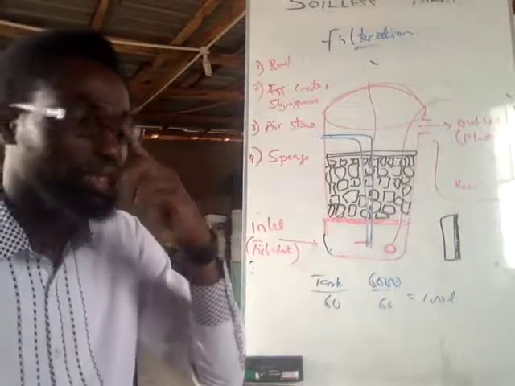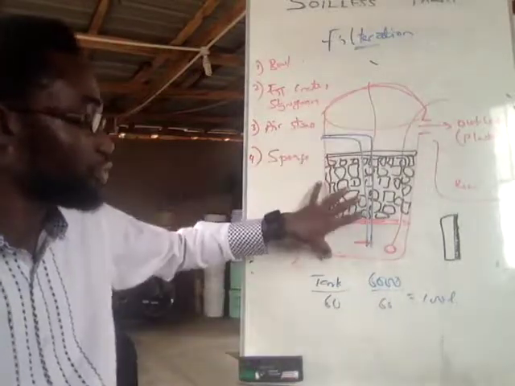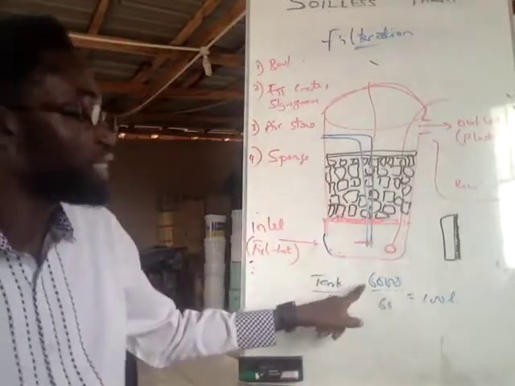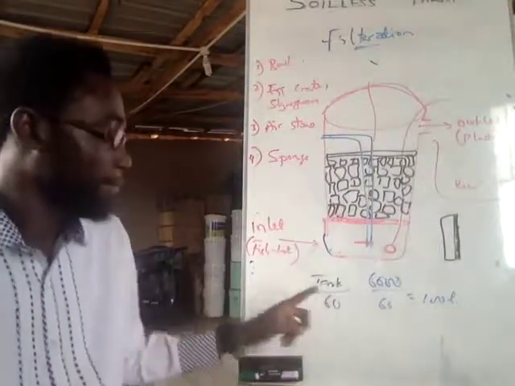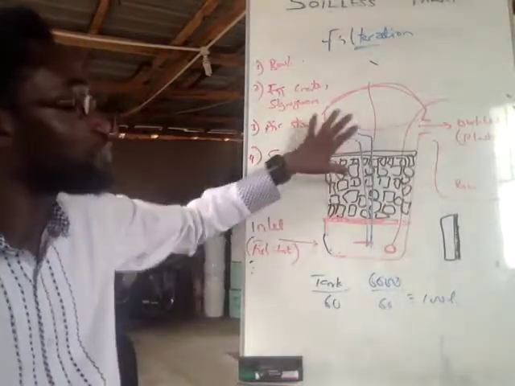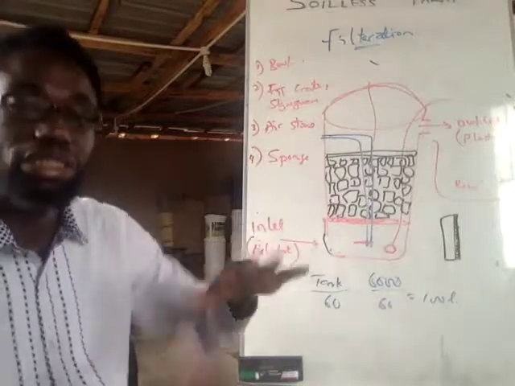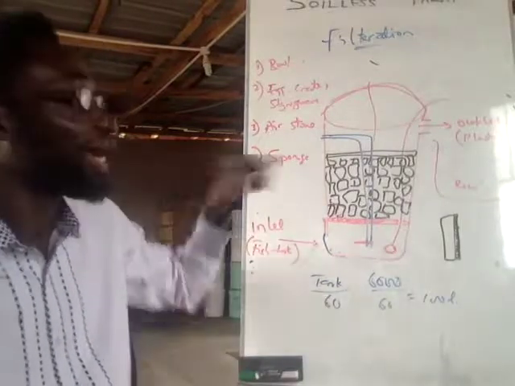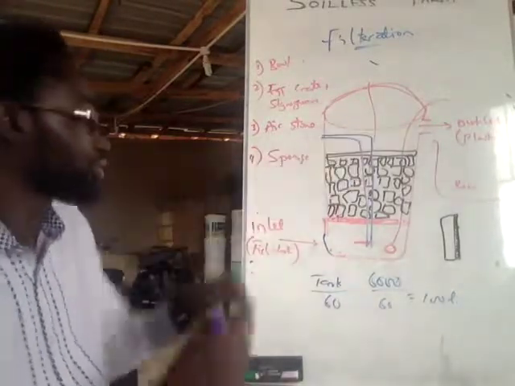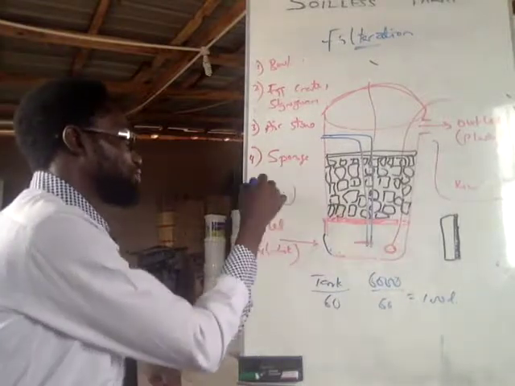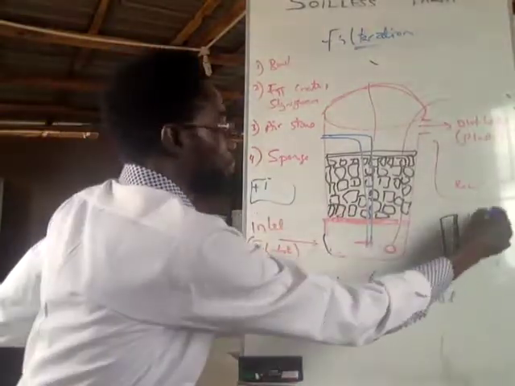I don't know if that makes any sense. So when you want to do the calculation of your filter, you need to be sure, if I divide my tank by 60, how much volume of water can my system hold in a minute? We have your fish tank, and you have your plants.